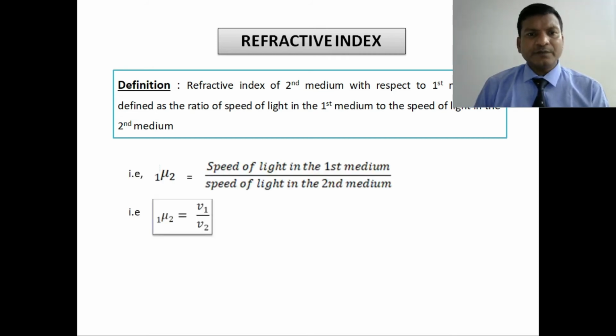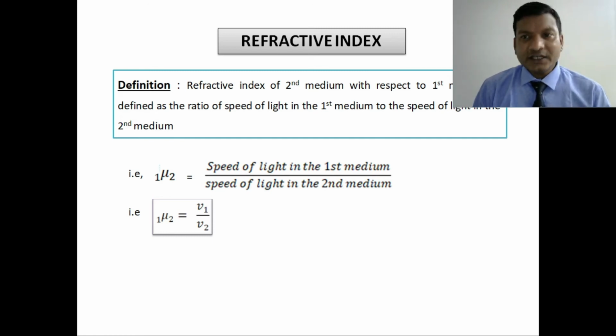Suppose the ray of light is coming from any medium to any medium, say from glass to diamond. In order to find the refractive index of diamond with respect to glass, it is not diamond with respect to air, because the ray of light is coming from the glass to the diamond.